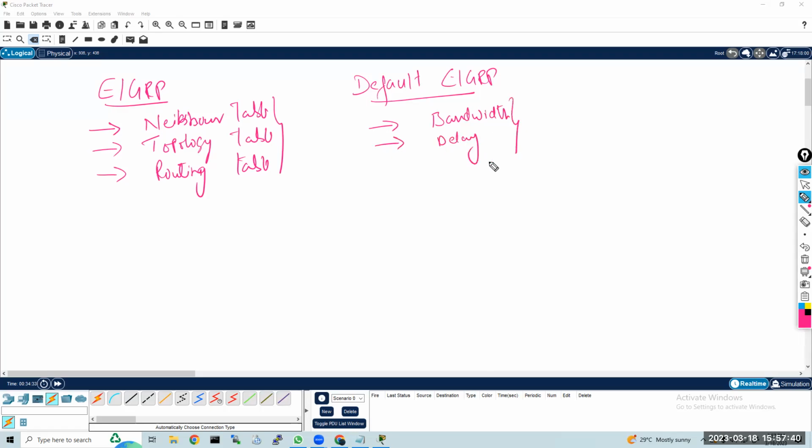But manually, EIGRP depends on your K values. What are the K values, guys? We have five K values: K1, K2, K3, K4, and K5. Who will tell this?